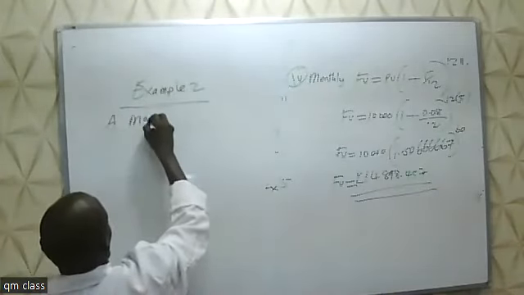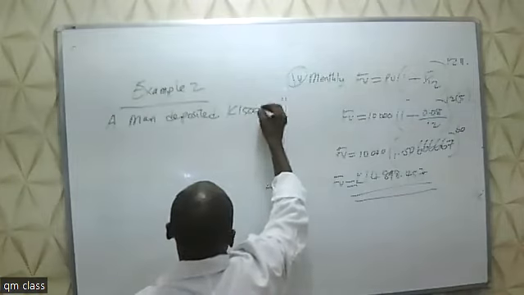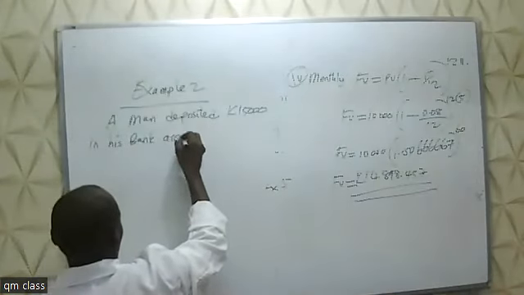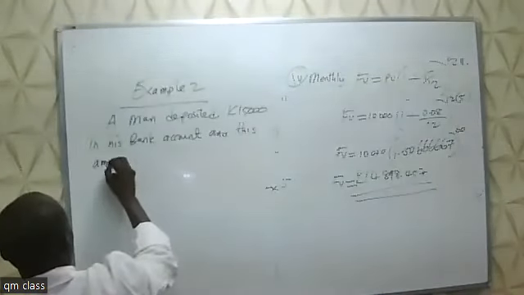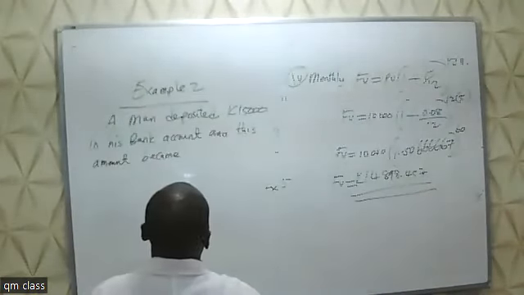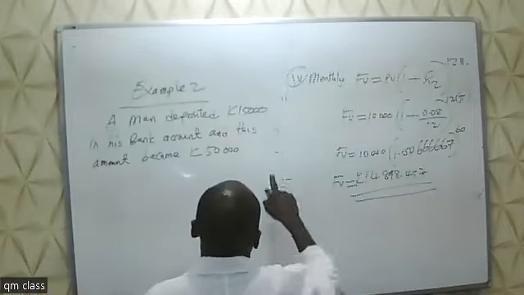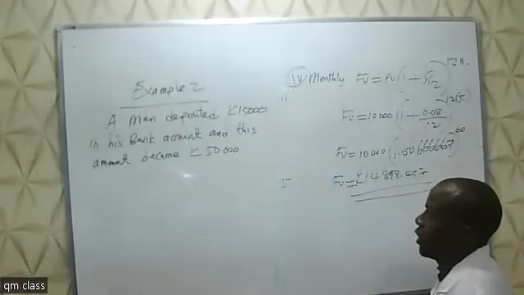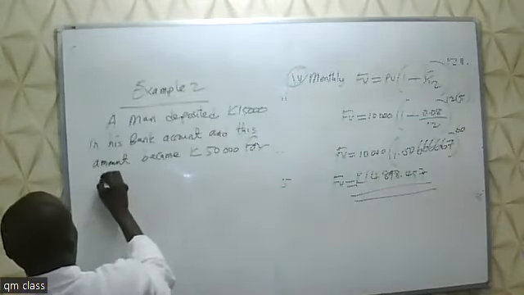A man deposited 15,000 kwacha in his bank account, and this amount became 50,000 after 5 years.